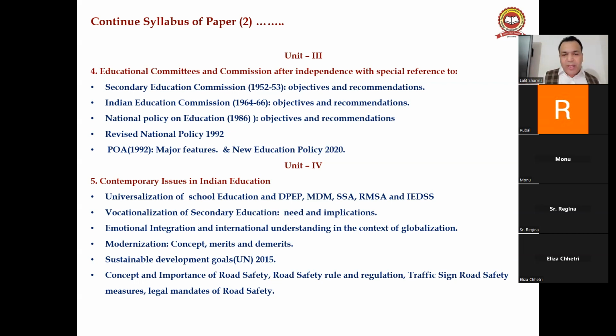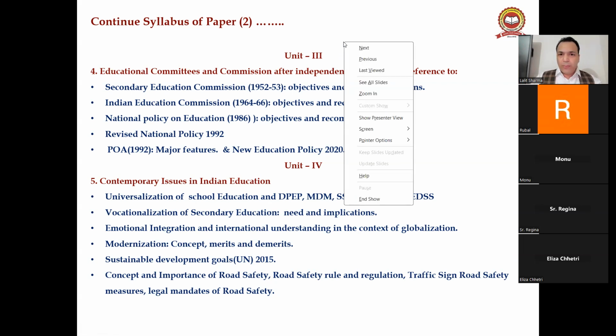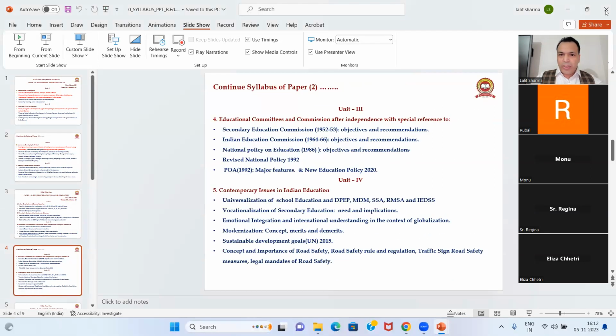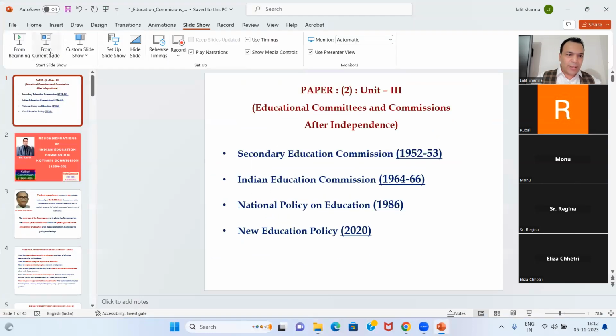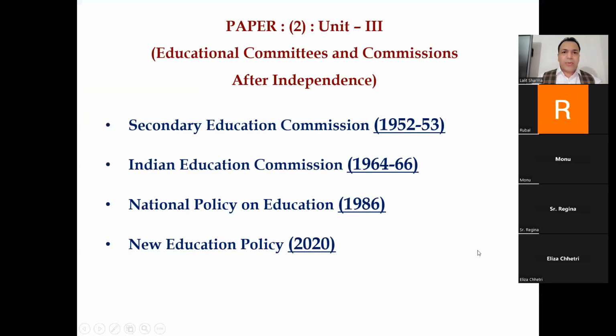So unit 3 we are going to discuss in the PPT, and you will get the notes also. After finishing this lecture, by evening you can get the notes from my Telegram channel, or you can approach me. Okay guys, I move forward to the next slide, which is today's lecture. Today we are going to discuss paper 2, unit 3.